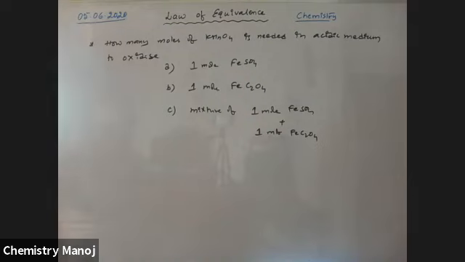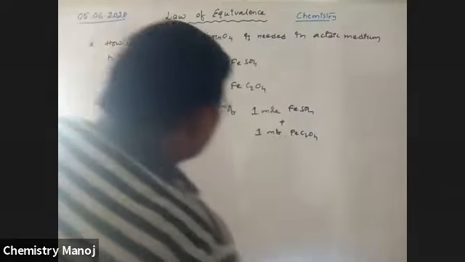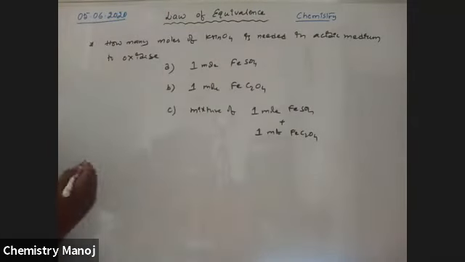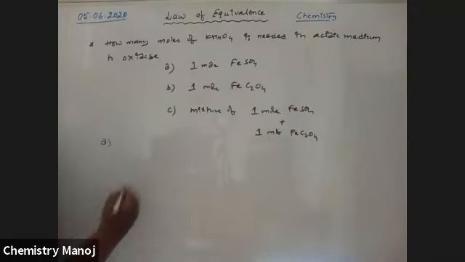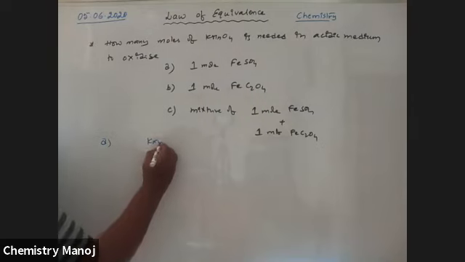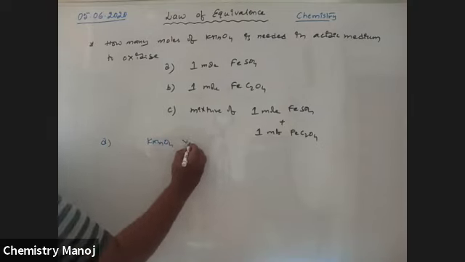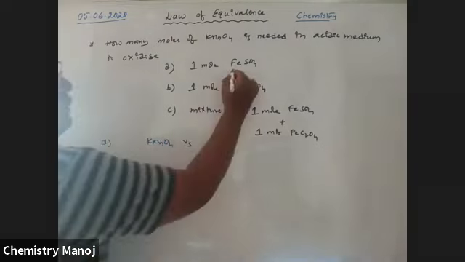How many moles of KMnO4 are needed to oxidize these chemicals? So I'm explaining one question here, and the remaining two you should calculate. Now question first, A. It is a reaction between KMnO4 versus FeSO4.